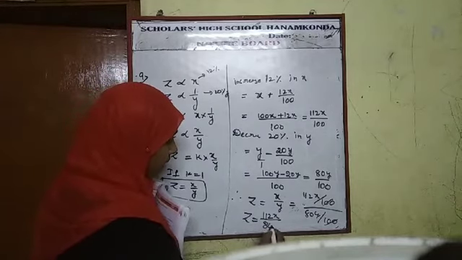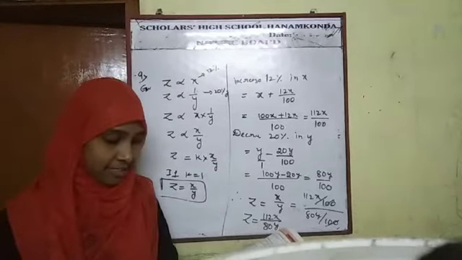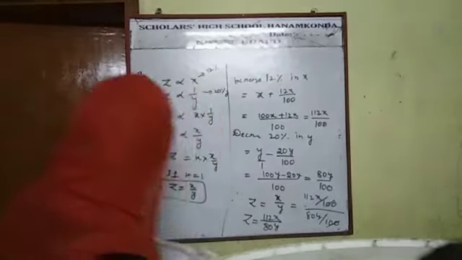So z is equal to how much? 112x by 80y. But here what is asked is percentage, so we have to find percentage.